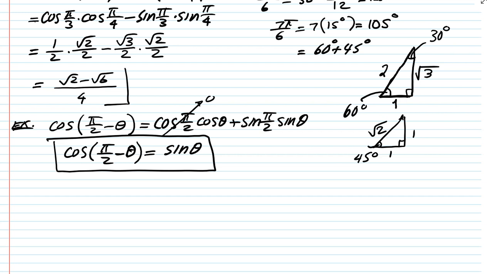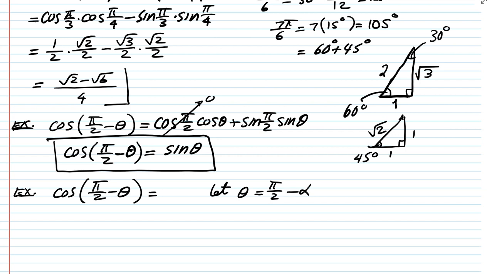Now let's also do another thing. This is interesting too. Suppose I have cosine of pi over 2 minus theta. Let's work this one out. For this one, I'm going to let theta be pi over 2 minus alpha.